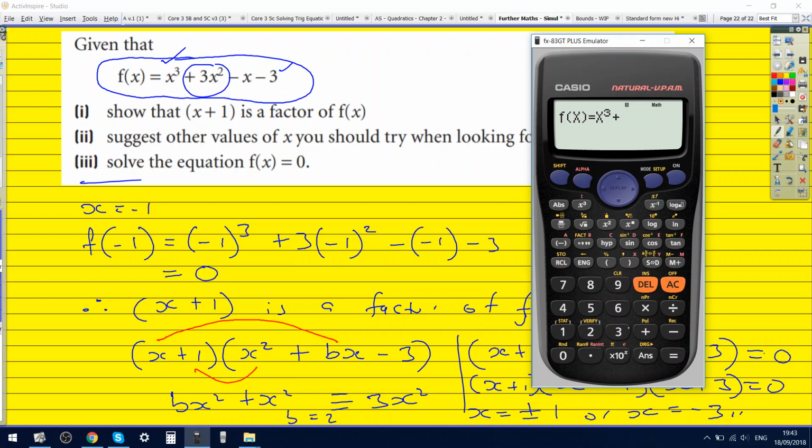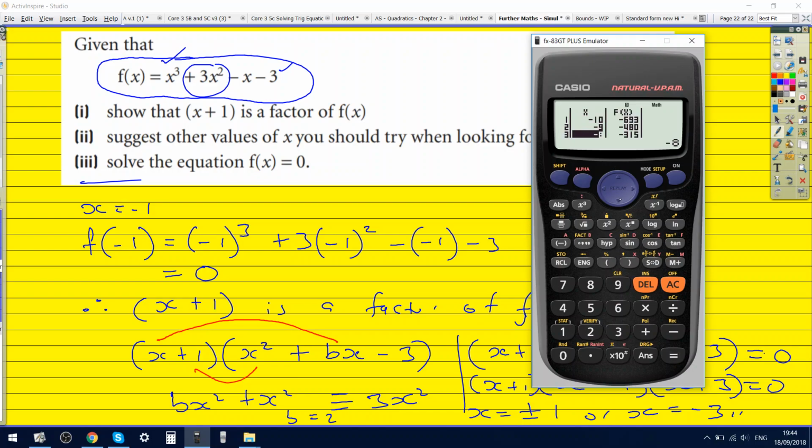X cubed plus 3x squared minus x minus 3. Start. It's usually good to start at, let's say, minus 10 and go to plus 10. You can usually do 20 values, and in steps of 1 is fine.